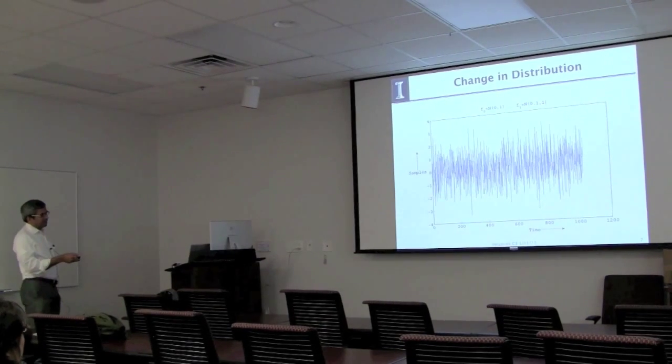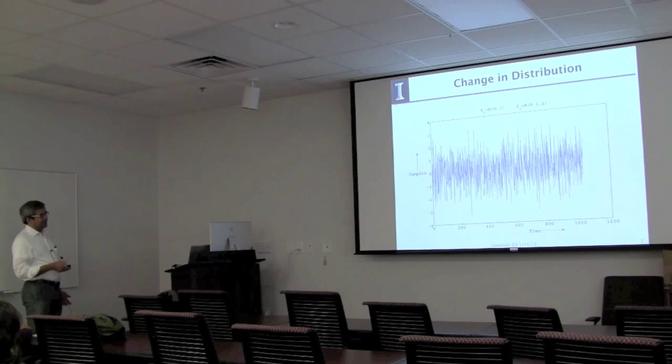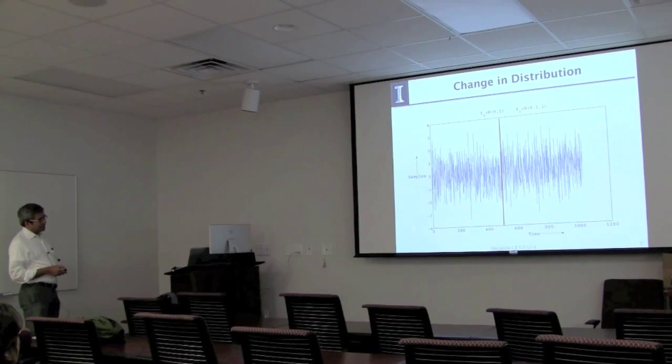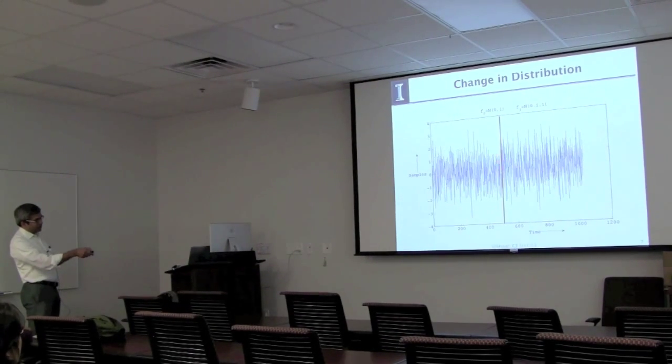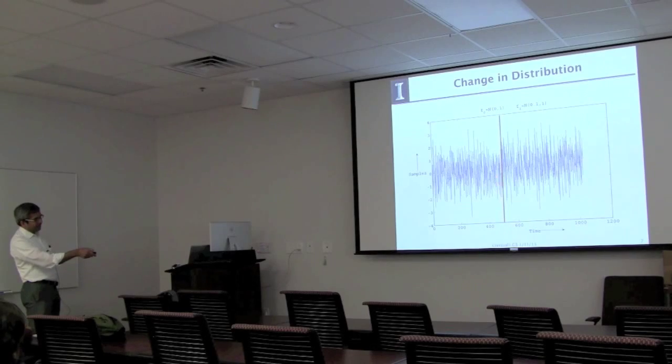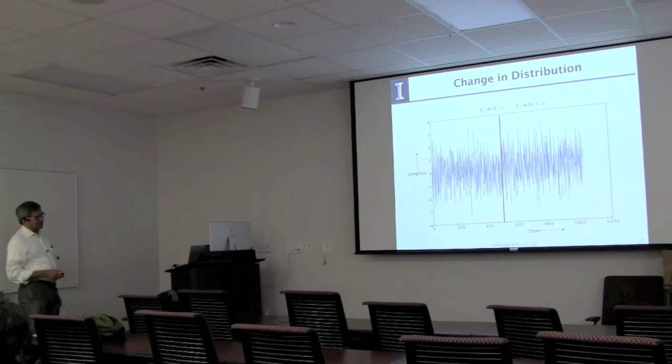If you look at the sequence, you can't tell that anything has changed, but it turns out the distribution actually changed at time 500. Now you want to see if you can devise a detection scheme that can detect this slight change in distribution as quickly as possible.